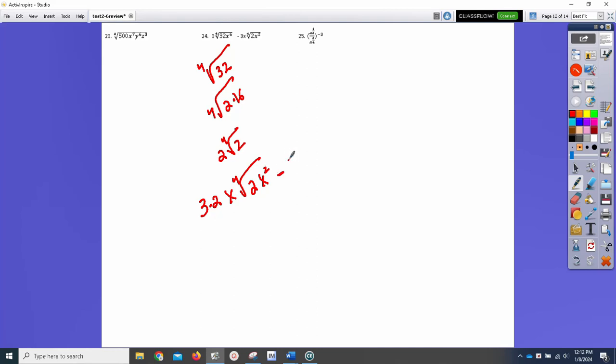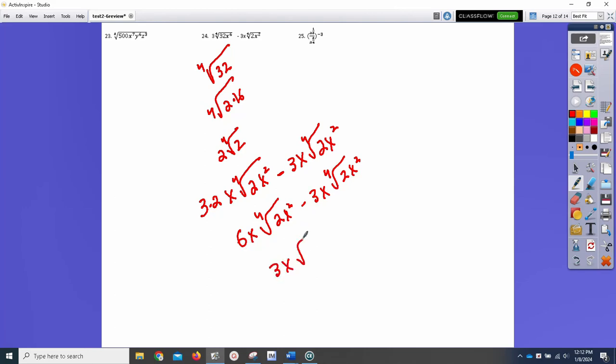Minus because there's a minus. This is now a doable problem. This becomes 6x 4th roots of 2x squared, minus 3x 4th roots of 2x squared. 6x minus 3x is 3x. And there's 24.